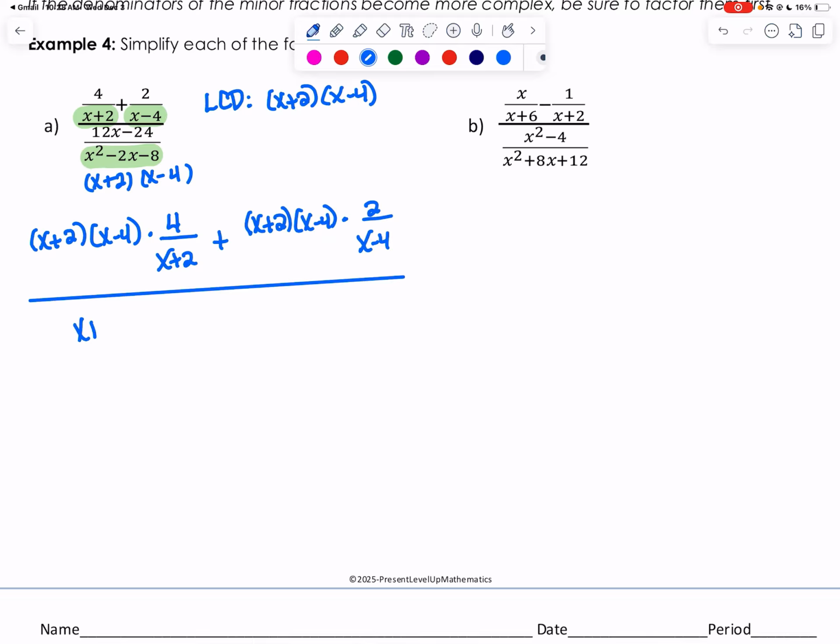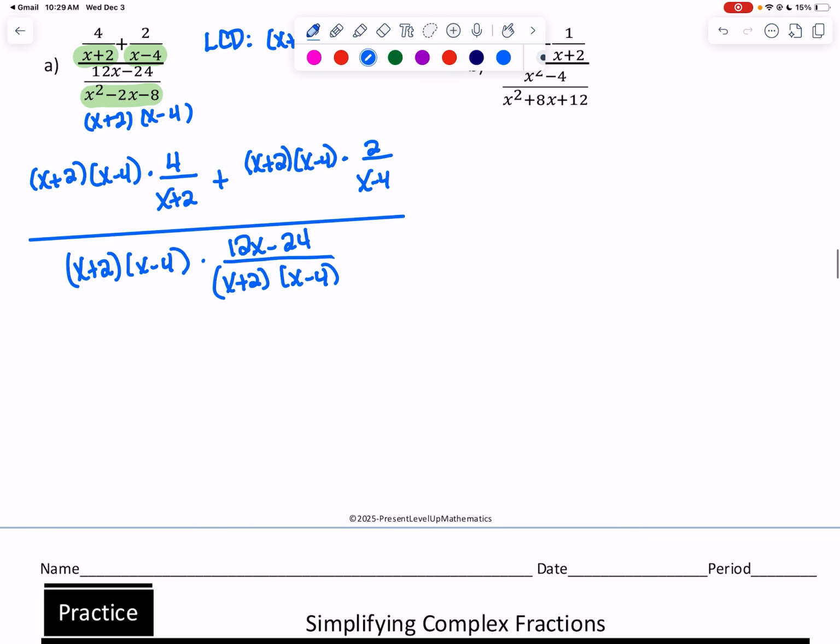Then (x + 2)(x - 4) times (12x - 24) over (x + 2)(x - 4). So let me pause and let you catch up with me as far as writing everything down.